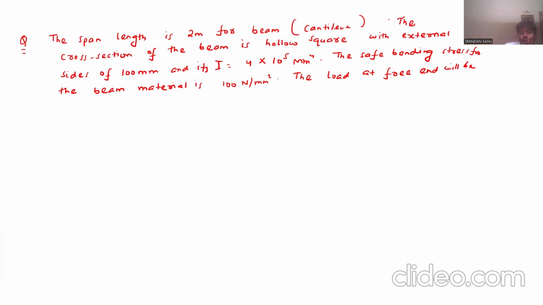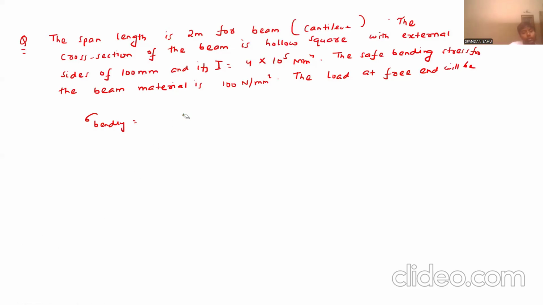So that means they are telling a cantilever beam is there whose length is 2 meters. The cross section of the beam is a hollow square with external sides of 100 mm and its moment of inertia they have given. The safe bending stress, sigma safe, they are telling is 100 Newton per mm square.